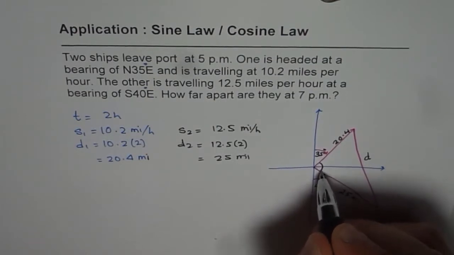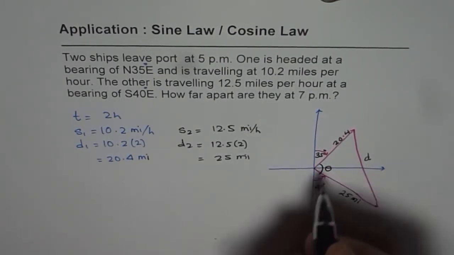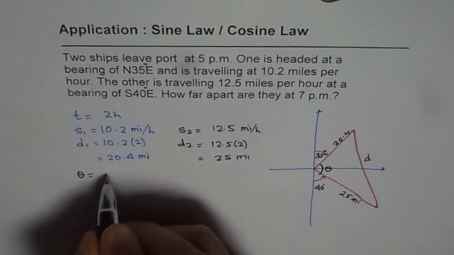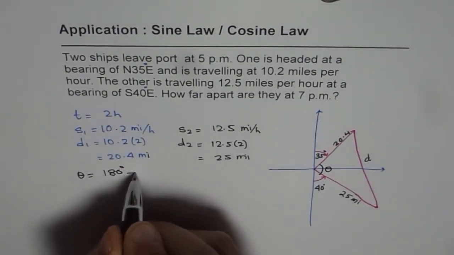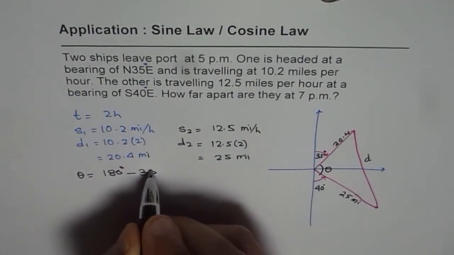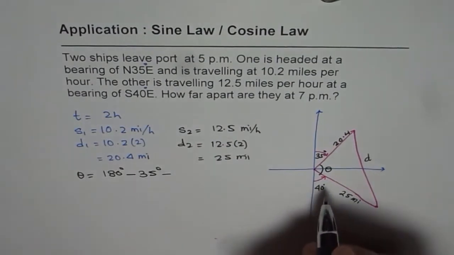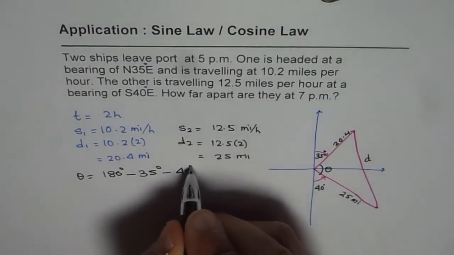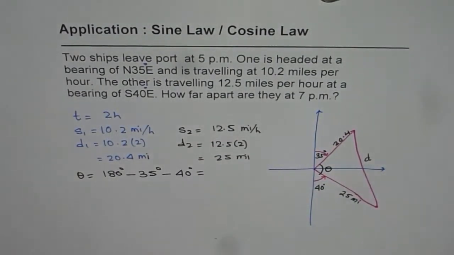So the angle in between, let's say theta, should be how much? This angle theta should be equal to 180 degrees minus 35 degrees minus 40 degrees, so that is 180 minus 35 minus 40, which is 105 degrees.